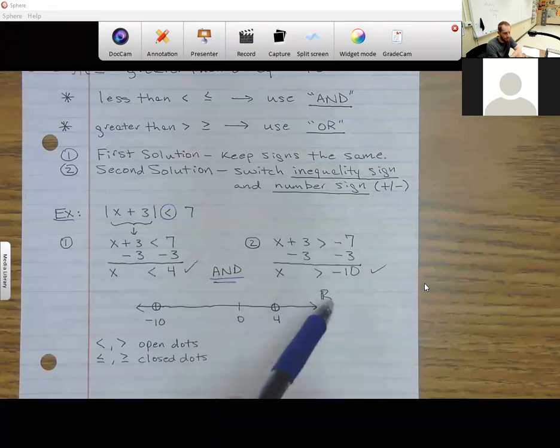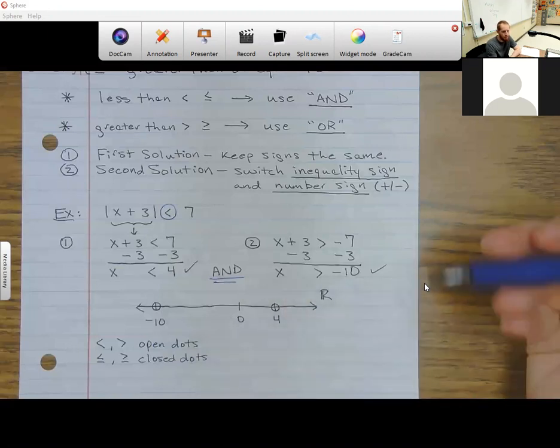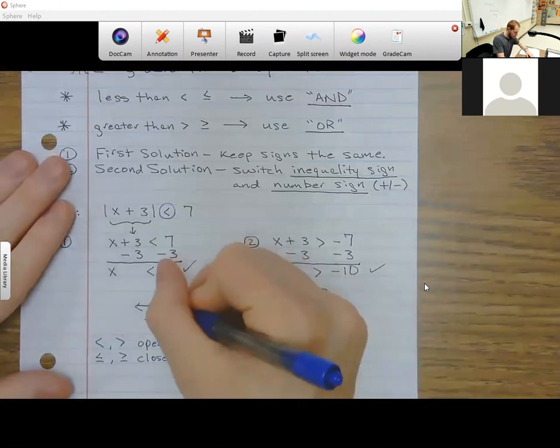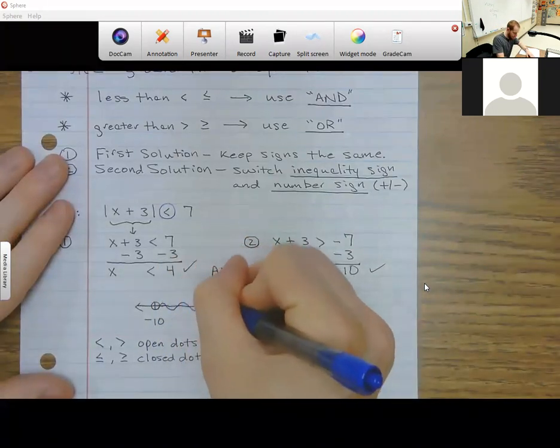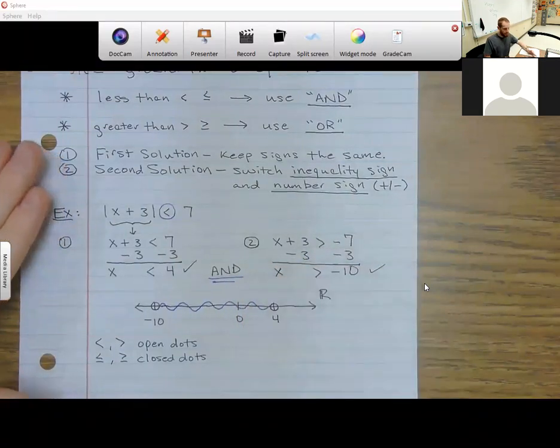But what does the second solution say? X is greater than negative 10. So I have to shade to the right of negative 10. And then what's going to happen is the shading is going to meet in the middle. So it's going to look like this. There we go. And that's it.